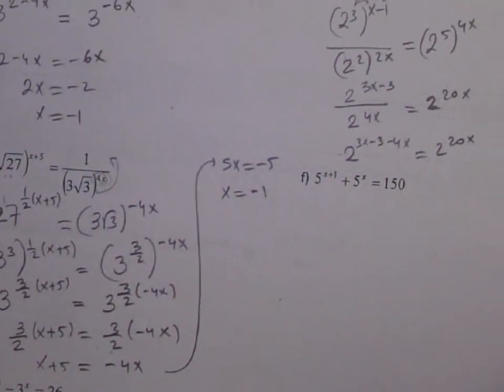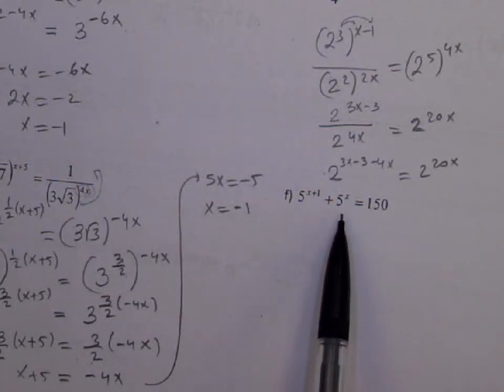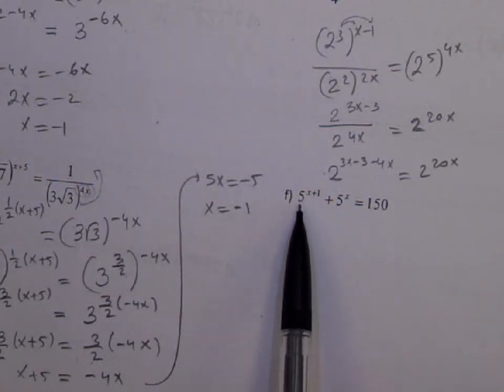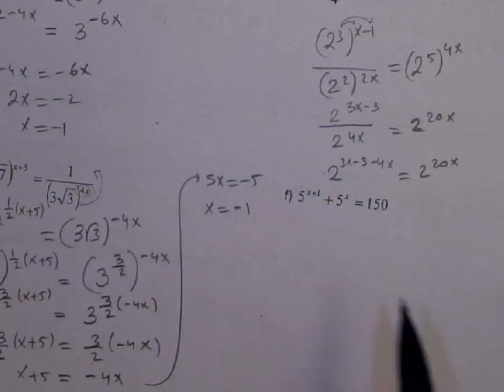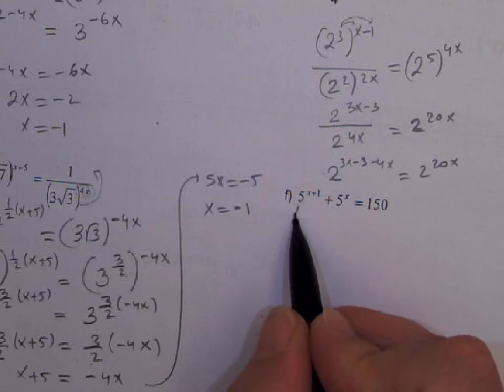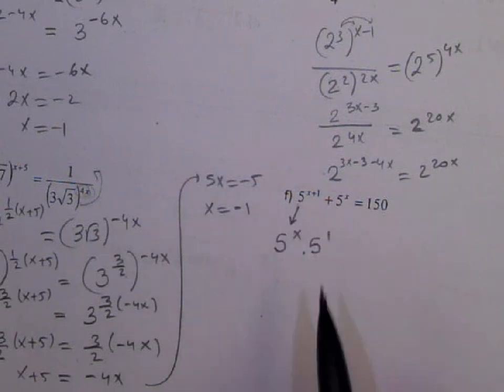The next one is a little bit different type. This is how you were doing it last year, okay? So you have 5 to the power of x plus 1. So I can write this as 5 to the power of x times 5 to the power of 1. Right?